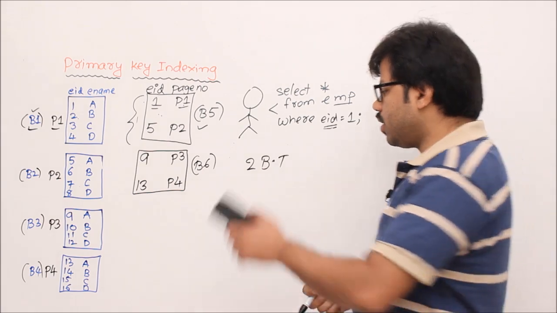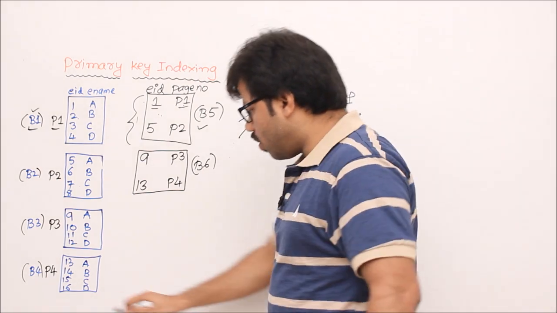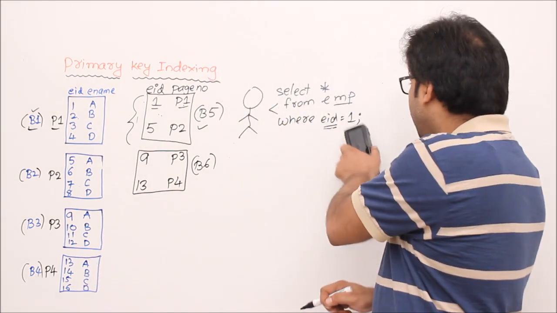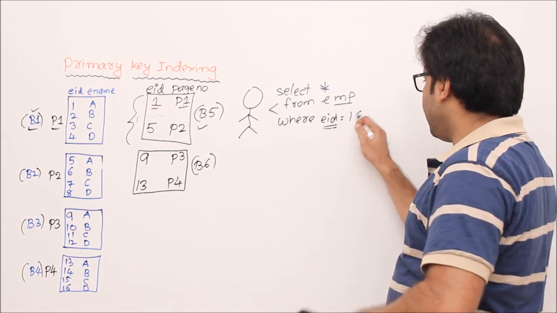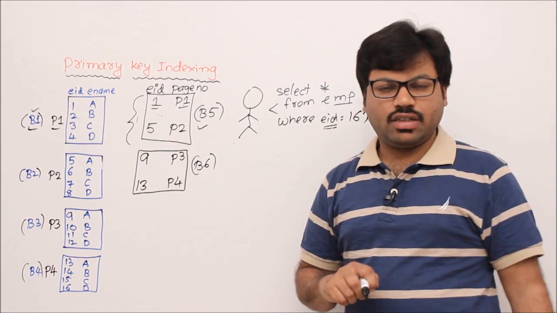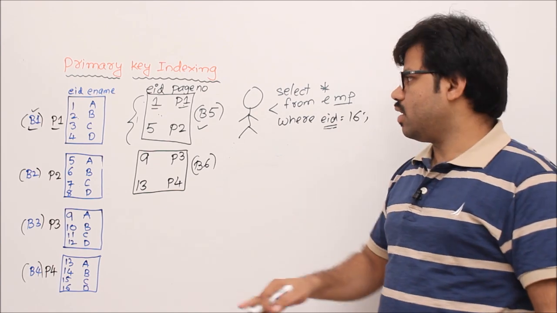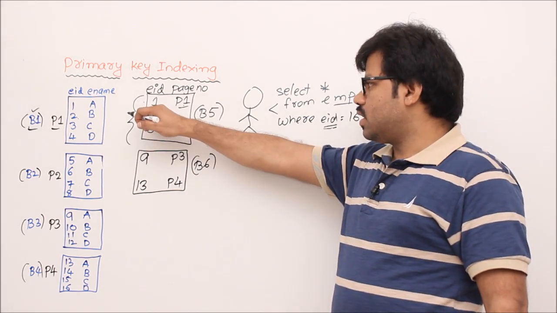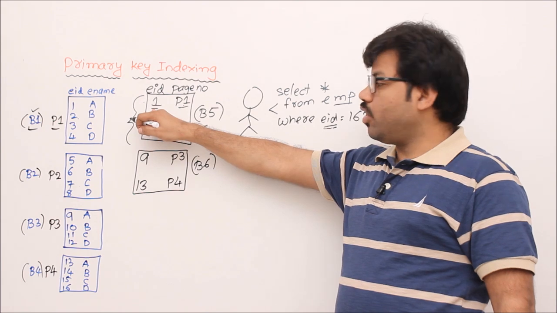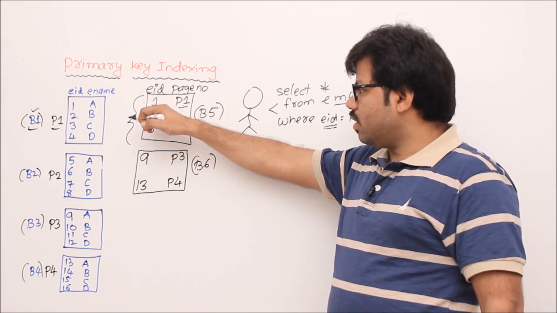Now let's search for the employee record 16, d. Usually the query is like this, employee id equal to 16, so how will the search go on? First of all, does your 16 match with 1? No. We know that the first record starts with 1.